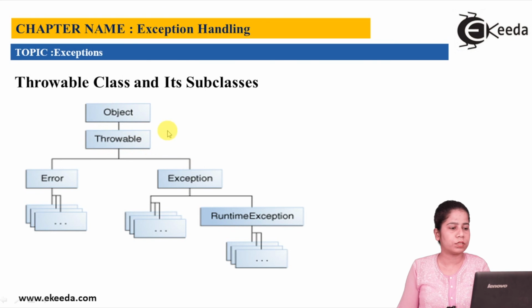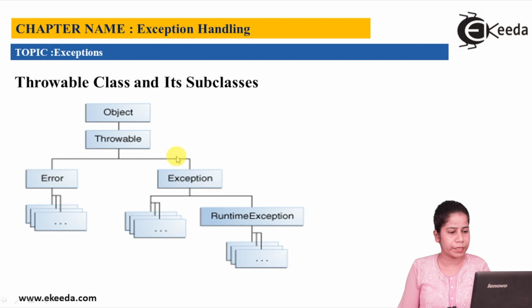This Throwable interface is the parent-most element of this hierarchy. It is inherited by two classes, the Error class and the Exception class.